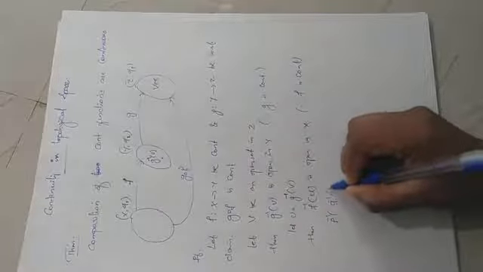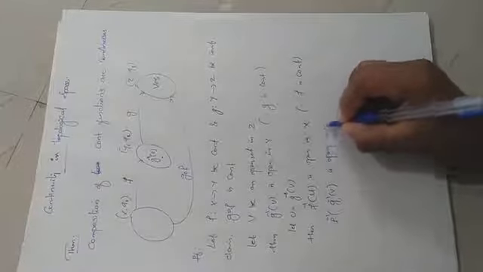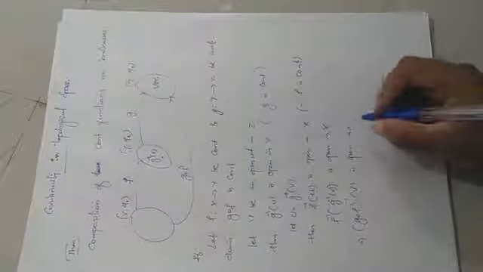Therefore, f inverse of U is nothing but f inverse of g inverse of V, which is open in X. What is f inverse g inverse of V? It is (g composition f) inverse of V, which is open in X.